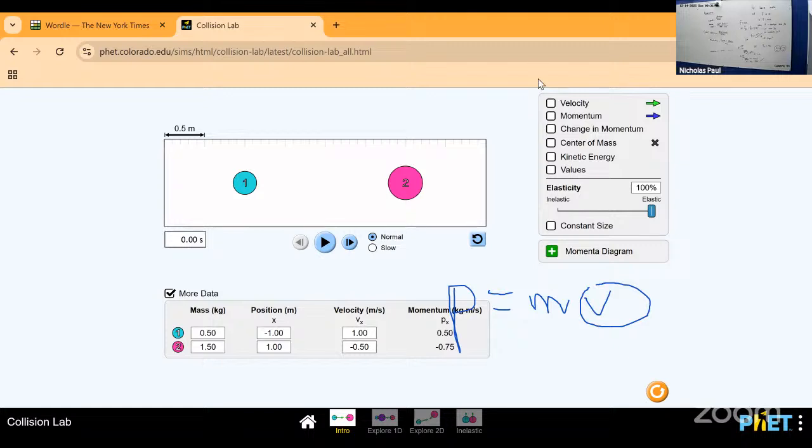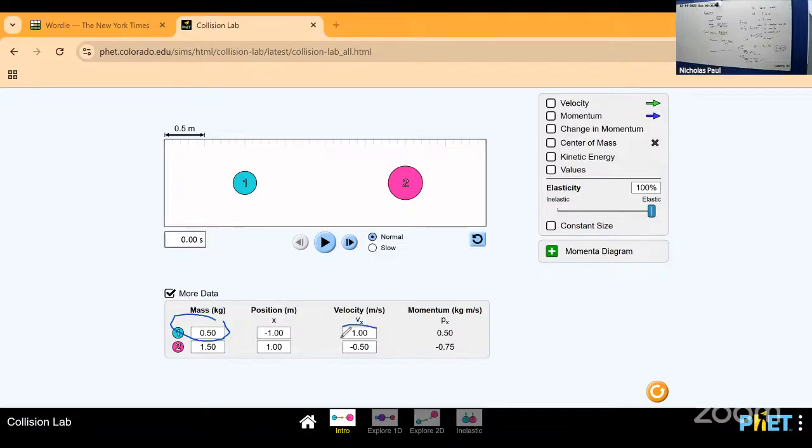I'm not sure if you'll see that, a little bit small. What you would observe here is the mass value. The blue has a mass of 0.5 and it has a velocity of 1.